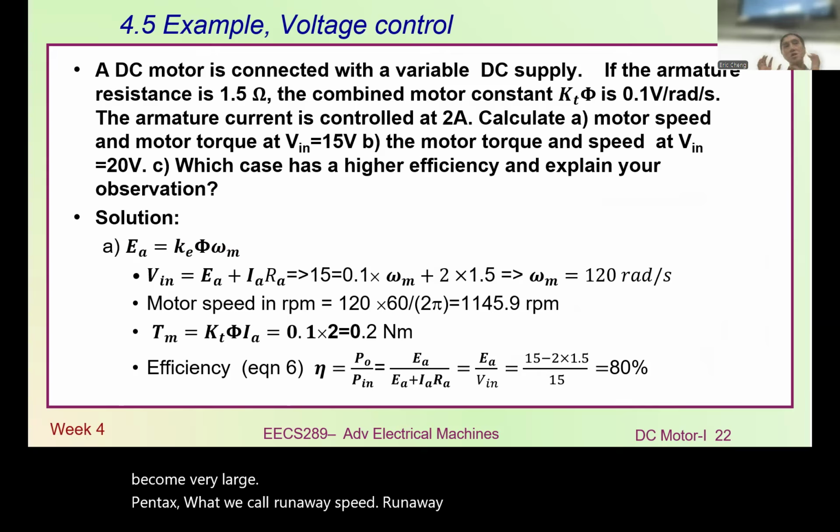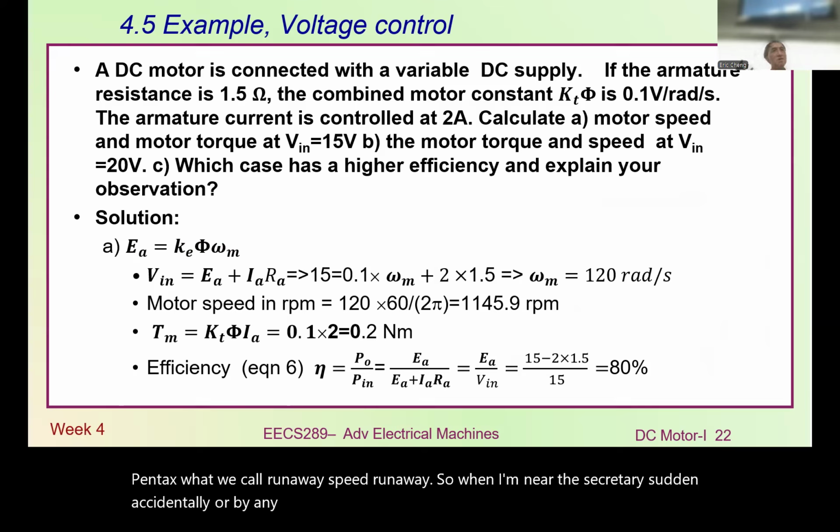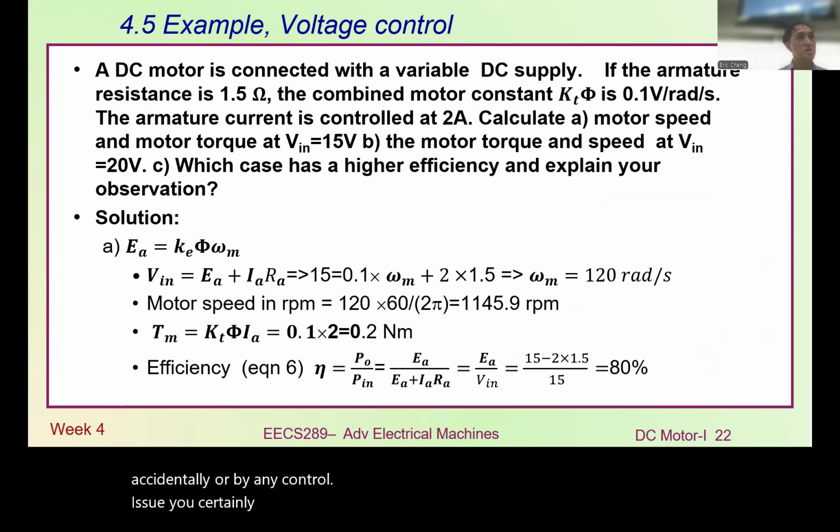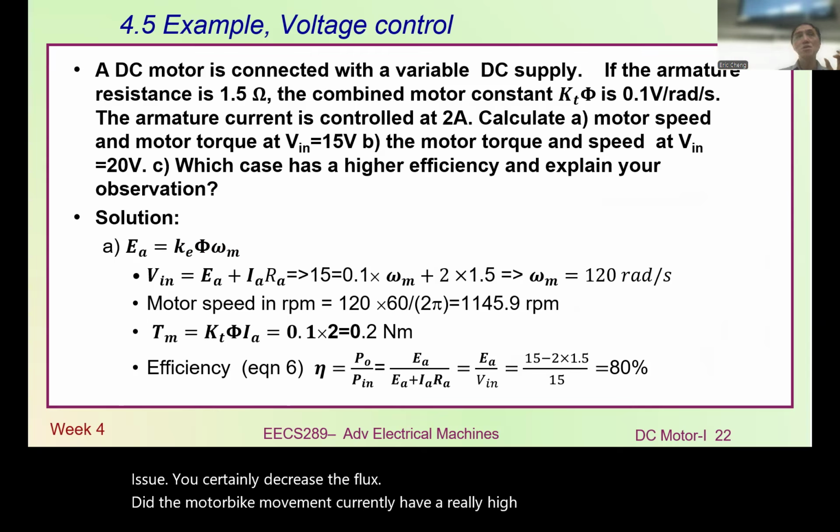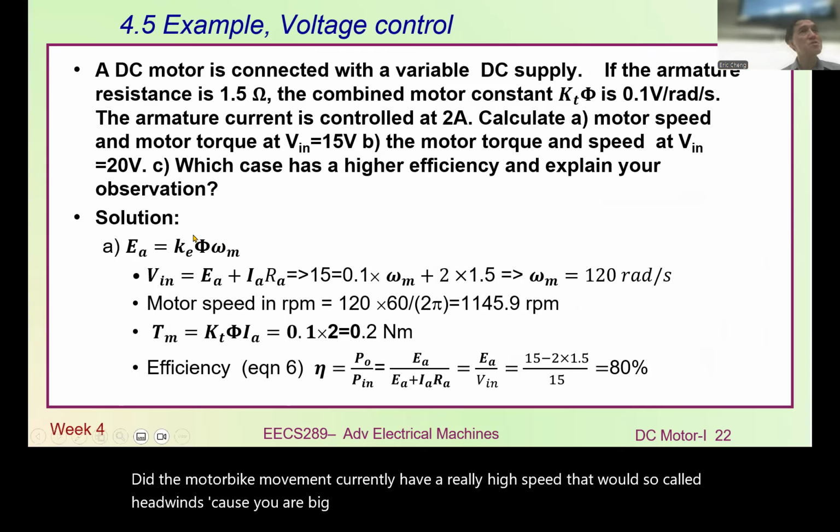So in the circuitry, suddenly, accidentally or by any control issue, you decrease the thrust. Then the motor will momentarily have a really high speed that goes so-called haywire and causes a big problem in motor control, because it comes directly from the back EMF.